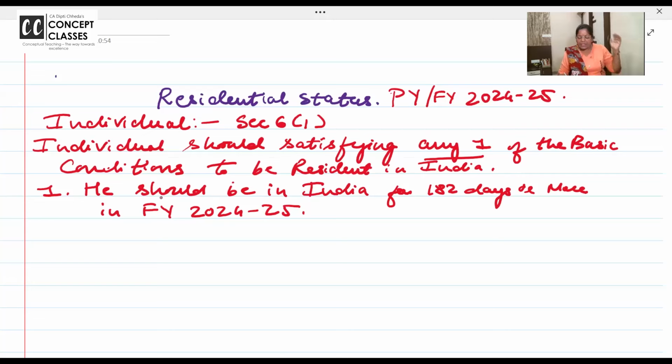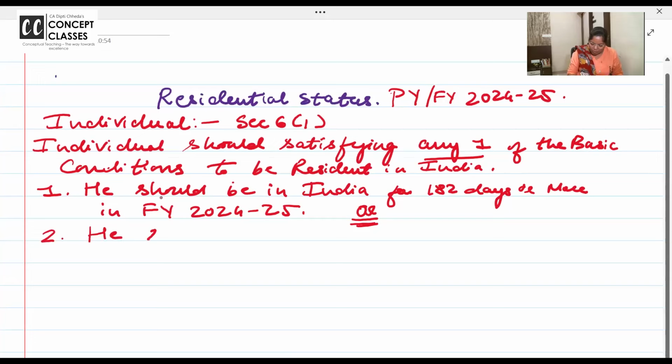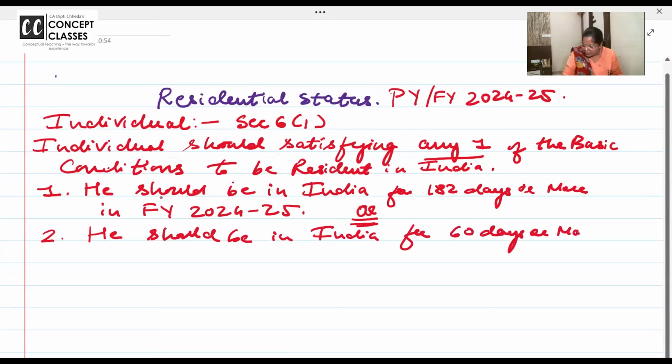In this year, he should be in India for 182 days or more. Okay. And a big or. Underline it. Or he should be in India for 60 days or more.